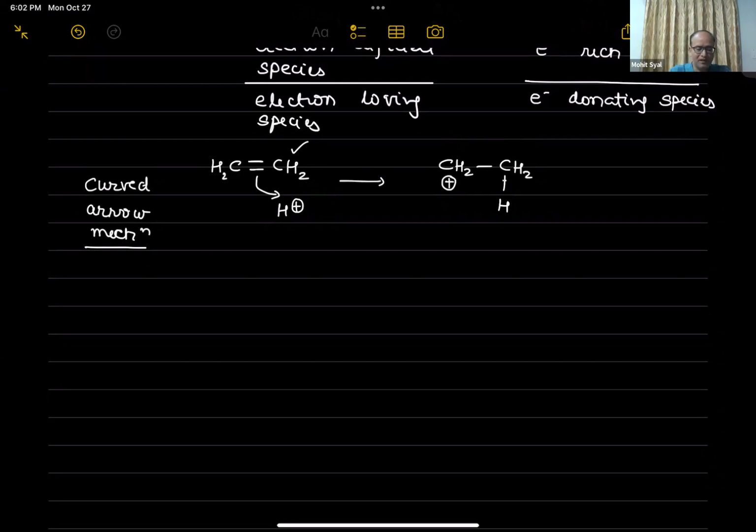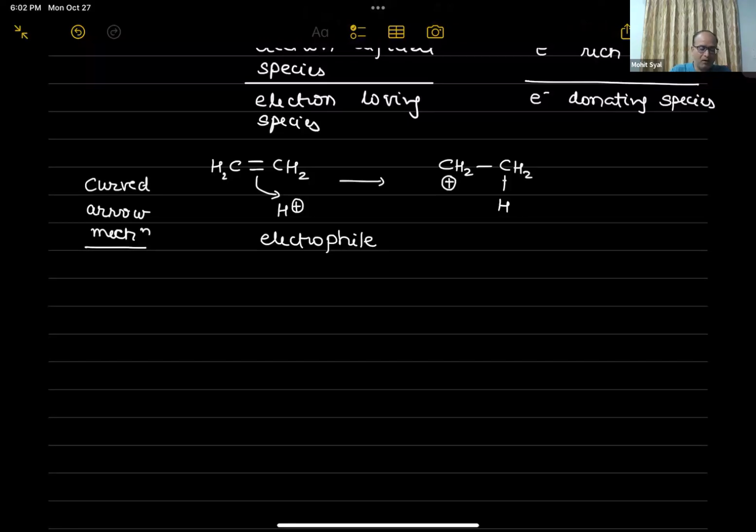Does H plus behave as an electrophile or a nucleophile? Electrophile, because it is positive and electron deficient, so it will behave as an electrophile. Got it?